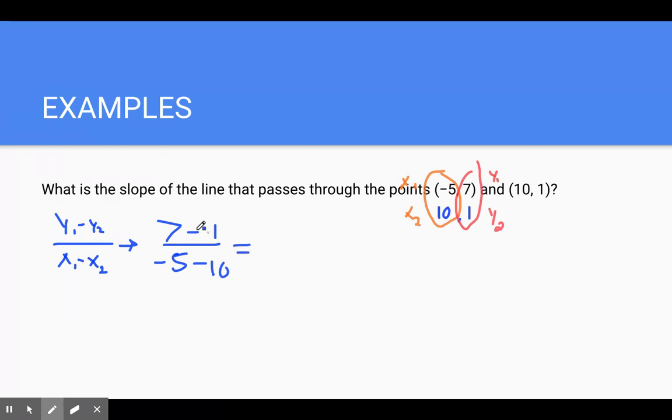So now we simplify. 7 minus 1 is 6. -5 minus 10 is -15. Now we have to think, can we simplify our fraction? Can we simplify our slope? We can divide both of these numbers by 3, so our slope would reduce to 2 over -5. -2/5 is the slope, equals m.